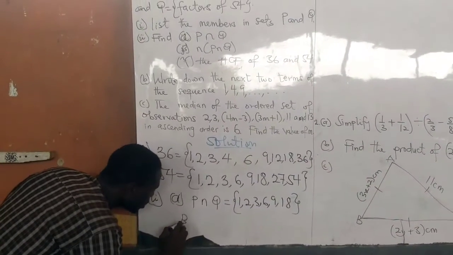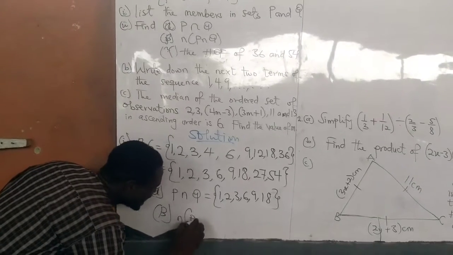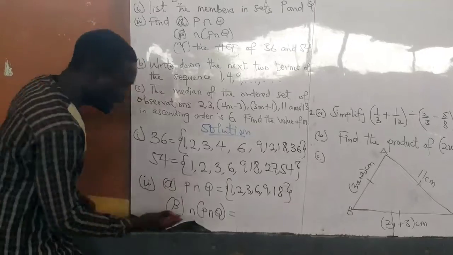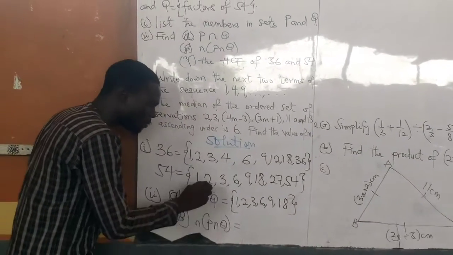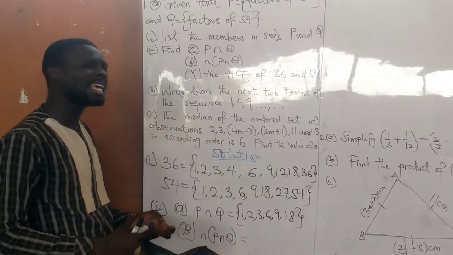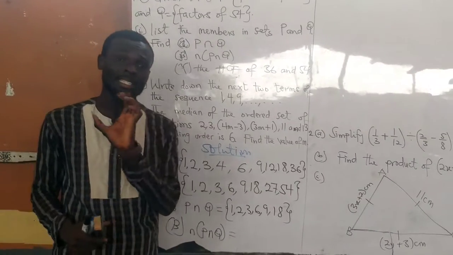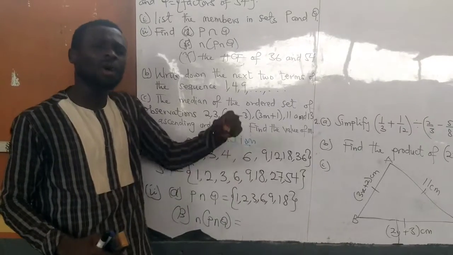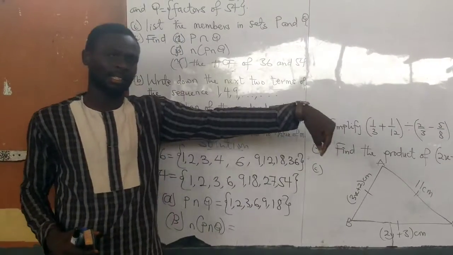When you continue, you have been asked to find the number of P intersection Q. What are they trying to ask? They are asking that, for the P intersection Q that you have here, how many elements are in the set?